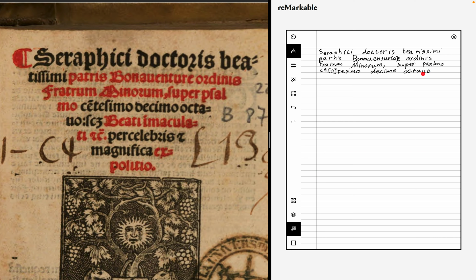or U, colon, SCZ. What? Again, we replace it with the actual word in this case, which is scilicet.